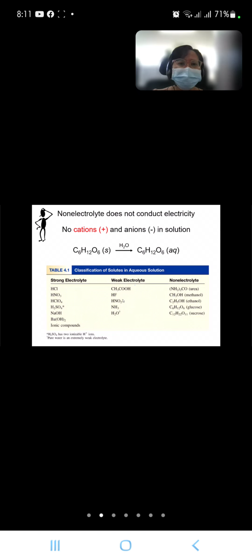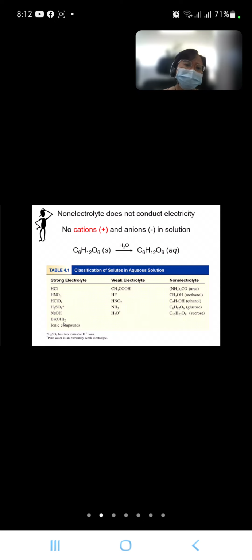So in this table, we have here the strong electrolytes. Examples of strong electrolytes are hydrochloric acid, nitric acid, perchloric acid, sulfuric acid, sodium hydroxide, barium hydroxide, and ionic compounds. Hydrochloric acid, nitric acid, perchloric acid, and sulfuric acid are examples of strong acids.